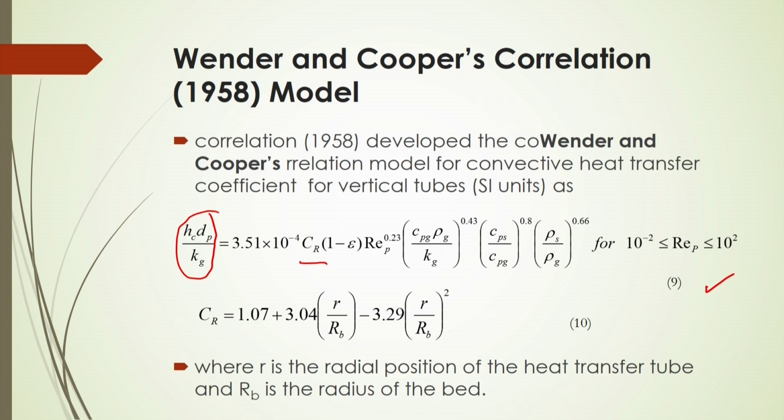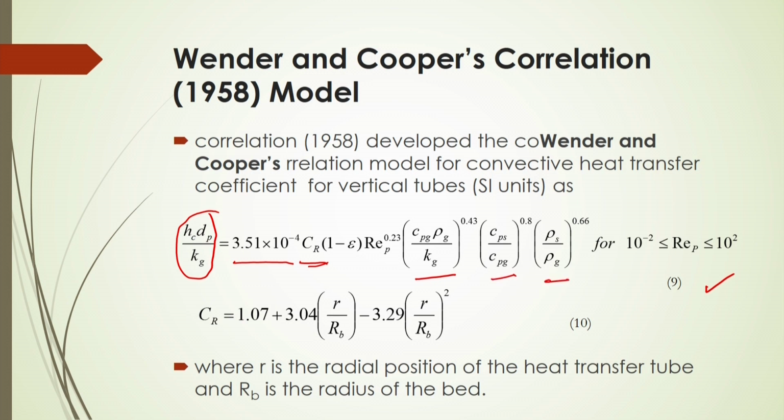So, they have considered that correction factor, and also other operating variables to develop these correlations. According to their correlation, it is a multiple of this number into CR into 1 minus epsilon into Rep, and then these groups also, and some other dimensionless groups there.